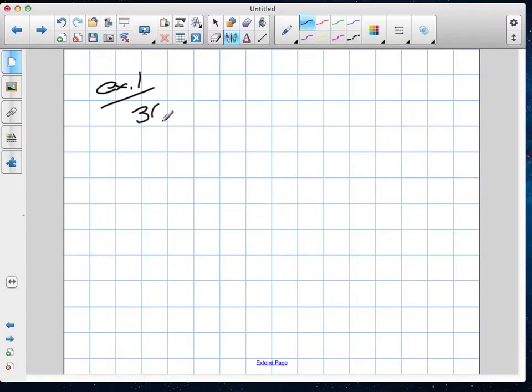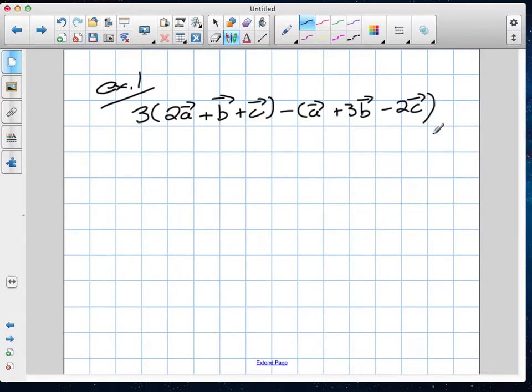So 3 times 2 vector A plus vector B plus vector C minus vector A plus 3B minus 2C.